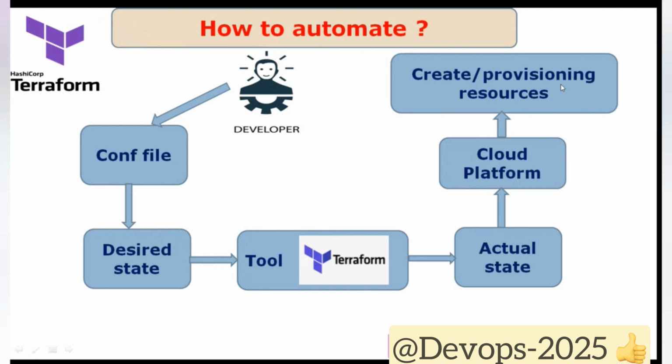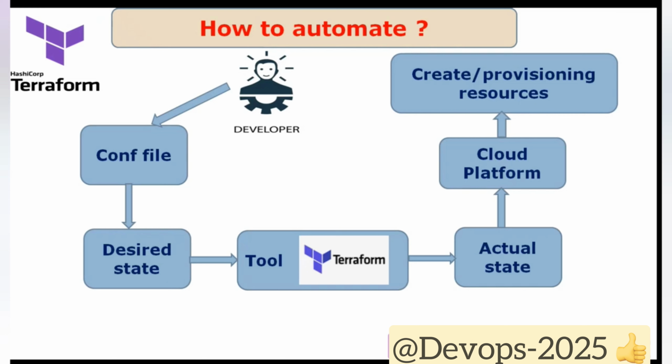Now we are focusing on infrastructure, so we have to use a tool specific to infrastructure automation, and the code you write should have detailed information about that infrastructure, like servers, storage, network, access, load balancing, scaling, whatever is related to the infrastructure.